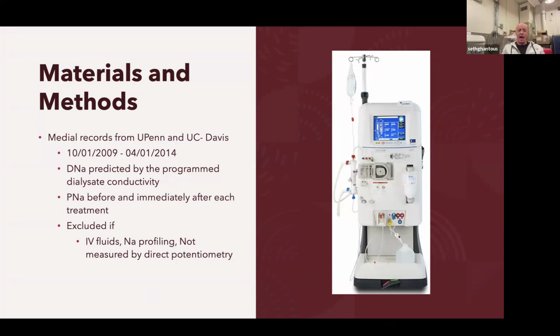The dialysate sodium was predicted by the programmed dialysate conductivity of the Phoenix machine, and the plasma sodium before and immediately after each treatment needed to be in the records for them to qualify. They were excluded if they had to receive IV fluids or sodium profiling, or if the sodium was not measured by direct potentiometry.